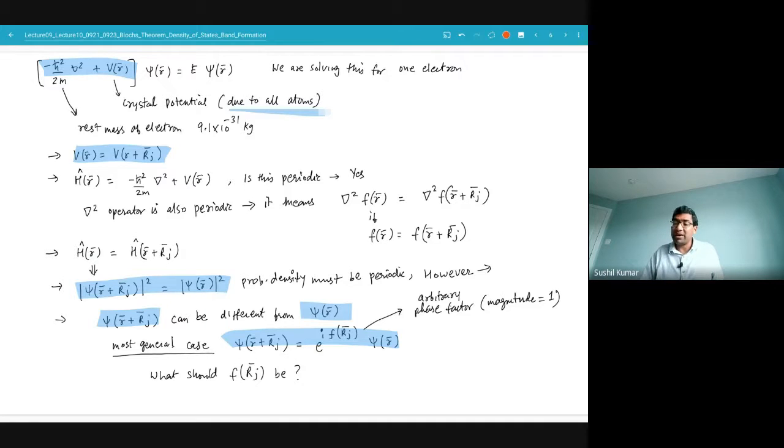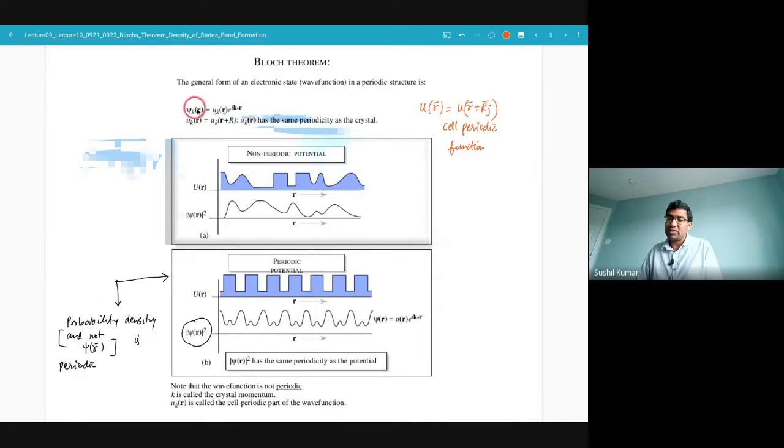So now the question arises, what should this function be? This is kind of like a pseudo proof of Bloch's theorem, or an argument for why the wave function should be of this form. These are called the Bloch wave functions, or basically it's a theorem that says the wave function of the electron in a crystal must be like this.